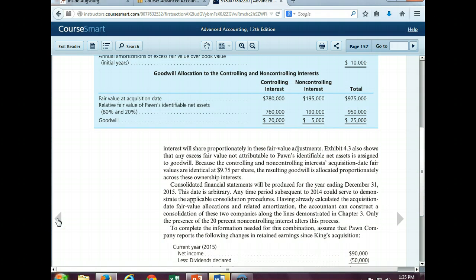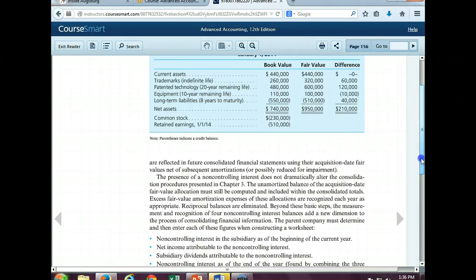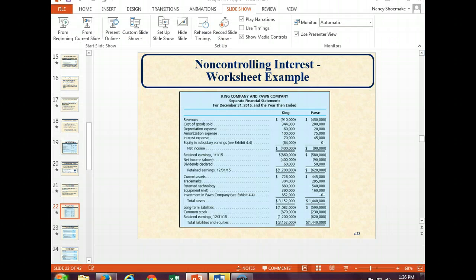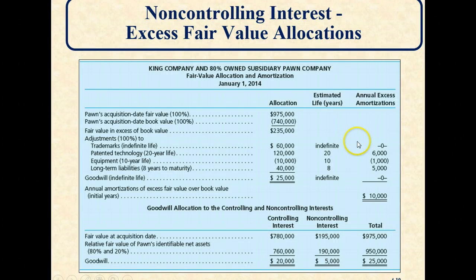At fair value, I'm trying to find out the fair value. Okay, it does have the fair value of the identifiable assets. It just says net assets. Oh, here it is. So this is how we're getting this figure. The book value they show at $740. They show the fair value at $950. Okay? So if we go back to the PowerPoint here, we see that the fair value of the assets are at $950.